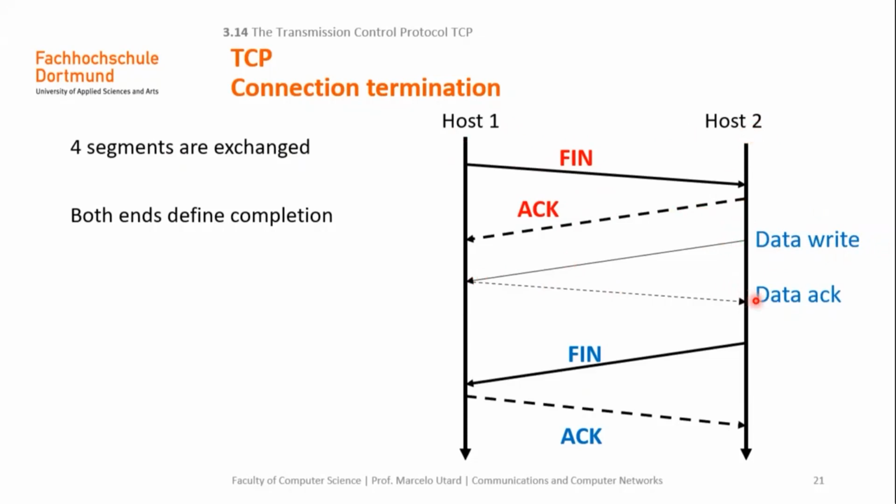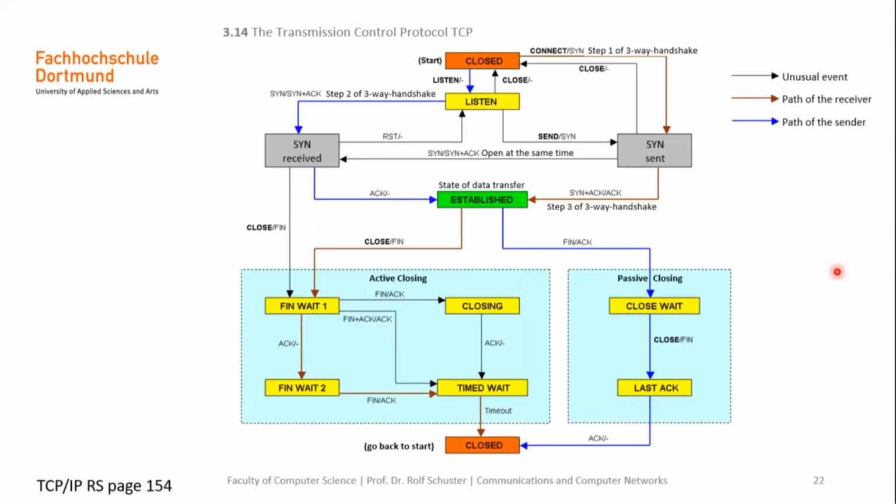Once the acknowledgements are received, host 2 is able to close the data flow from host 2 to host 1, and then finish the logical connection, simply sending FIN and receiving an ACK. In that way, we terminate the logical connection. Remember that it is a full duplex connection.